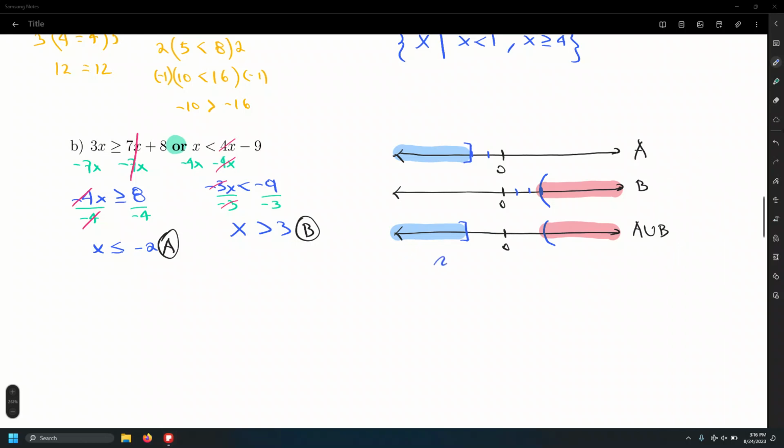This shading in blue indicates that we come from negative infinity, and we stop at -2, closing with a bracket, then the union symbol, and then an open parenthesis, continuing from 3 and on. So that's our solution set.